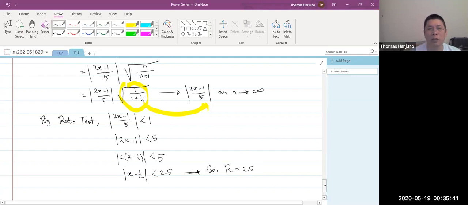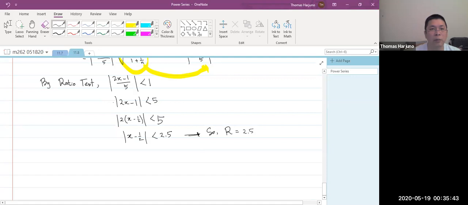Now, how about the interval of convergence? Let me pick it up from here. It will be from -5 less than 2x minus 1 less than 5. I add 1, divided by 2.